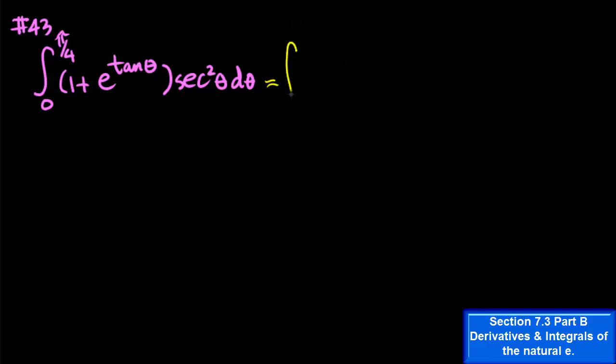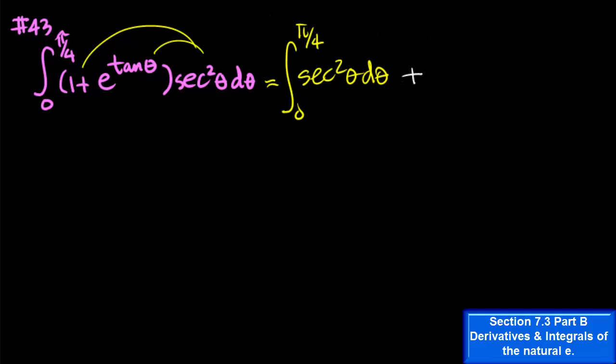Okay, so it's now from 0 to pi over 4 of, I'm going to distribute that right here, secant squared theta d theta, plus, split this up, from 0 to pi over 4 of e to the tangent theta secant squared theta d theta.